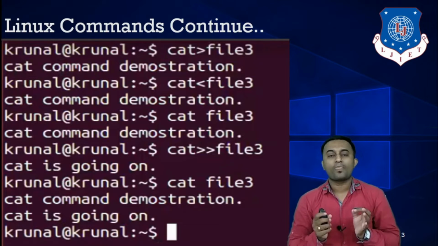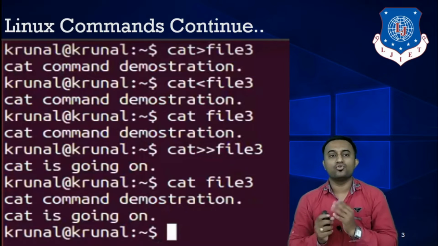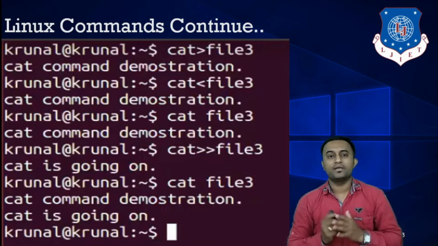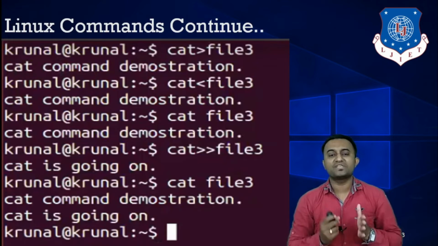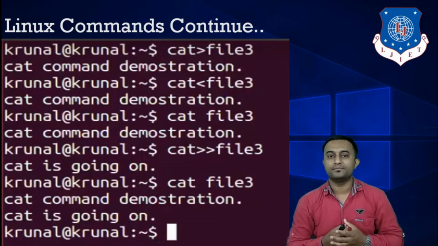So cat, input redirection operator, file name, and it will show me the same content that I created earlier. In the same way, if you don't want to use this operator and simply use cat space file name, you will have the same output at the end.